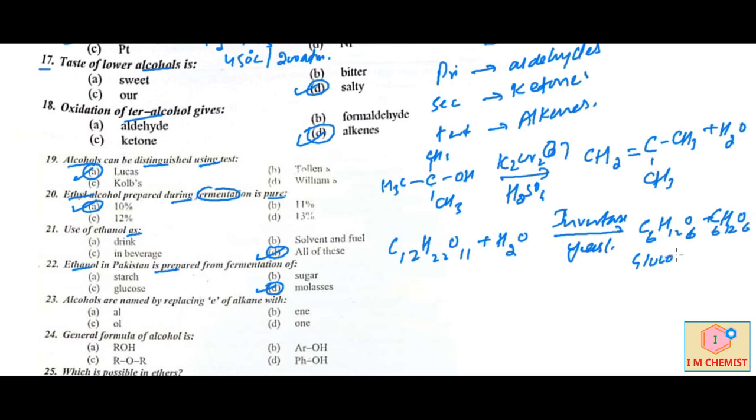This is glucose, while this one is fructose. And if you further treat this glucose with another enzyme, that is zymase, in the presence of yeast, it would be converted into the desired product, that is C2H5OH, ethyl alcohol, along with carbon dioxide. So the right option is option D.